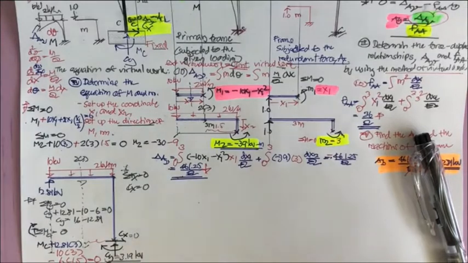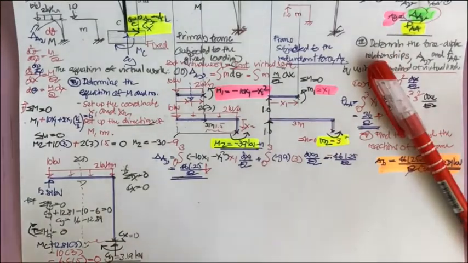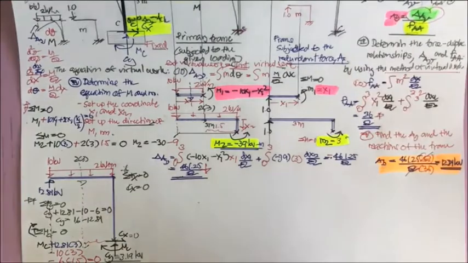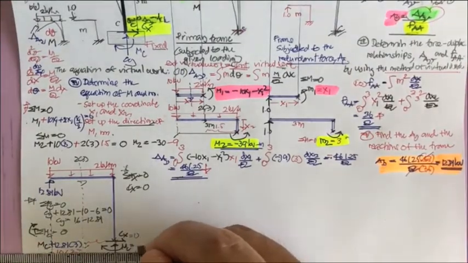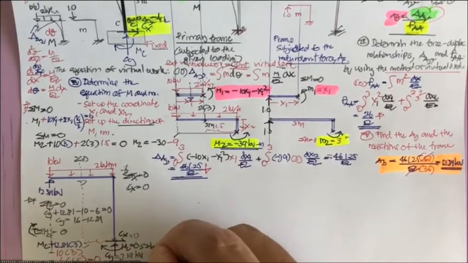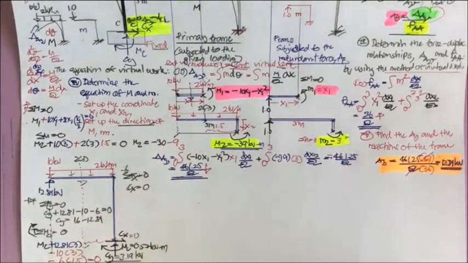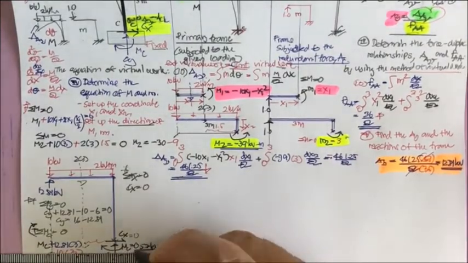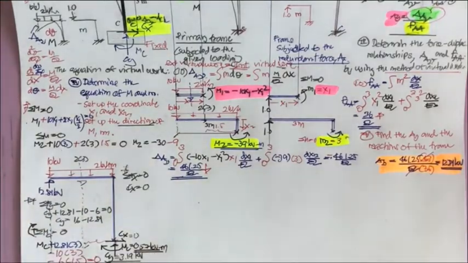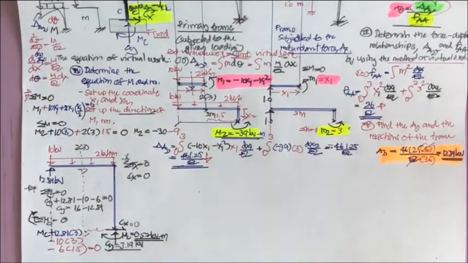Now you can do the computation and you will get M sub C of 0.57 kilonewton meter. Okay, that is the reaction of the frame.